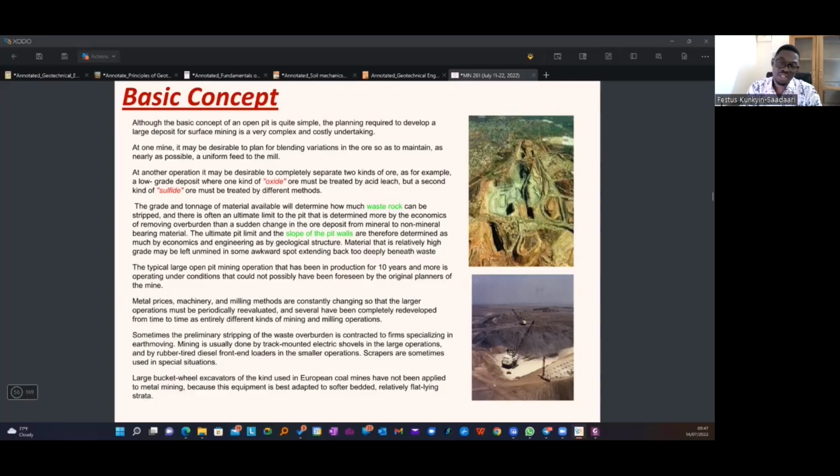If you are an operator with us here, sometimes you'll be on a bench mining high grade, and all of a sudden the mine planners will come with an agenda, or your supervisor or leading hand will tell you, no, let's move to the other block and pick waste, or go to this block and pick low grade. And you begin to wonder.